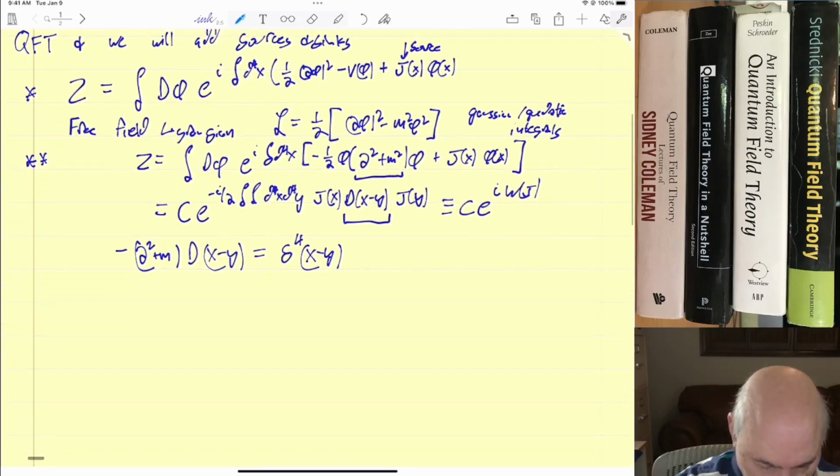And using this equation for the propagator, we'll also make a substitution of m squared goes to m squared minus i epsilon, which helps with convergence issues.